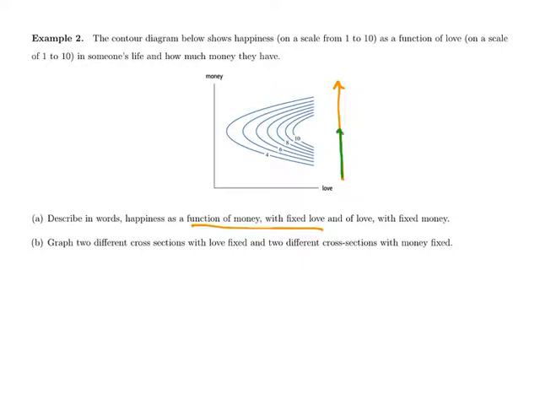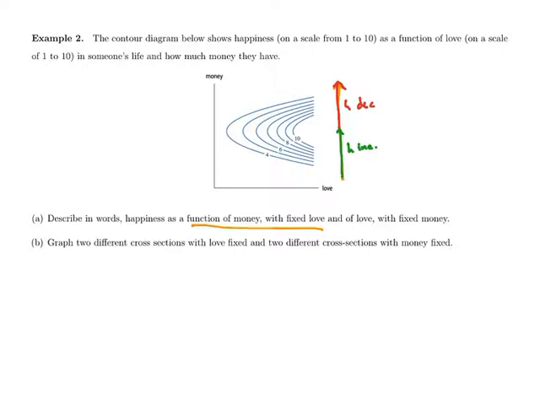As we go here, happiness is increasing. But then as we go a little bit further, the happiness starts to decrease, right? So at a certain amount of money, your happiness can increase, but at a certain point, it's not going to matter how much money you have. And in fact, your happiness may decrease, at least according to this example.